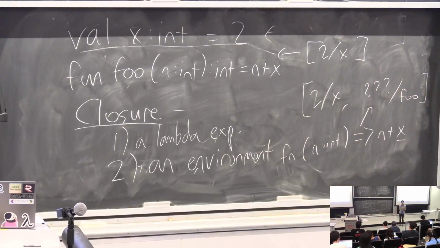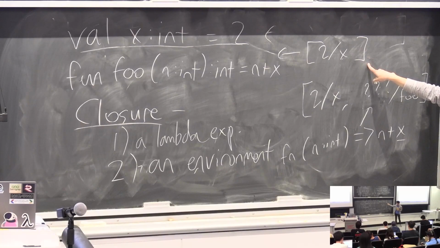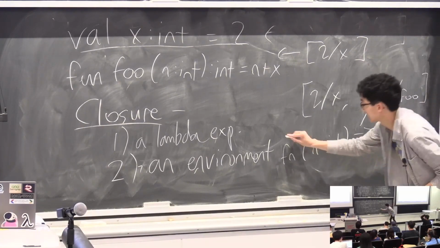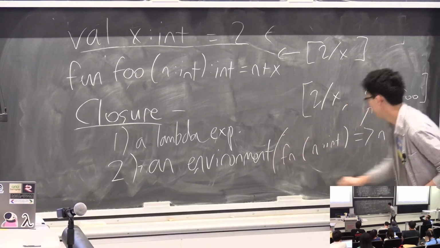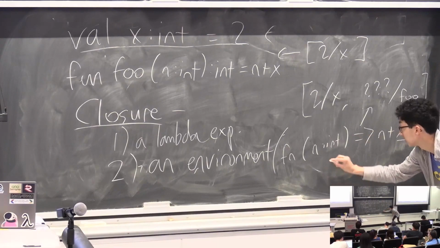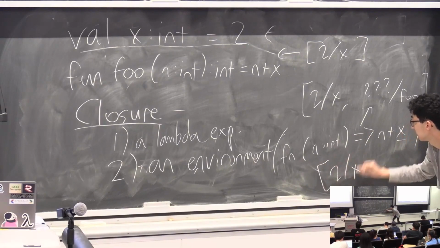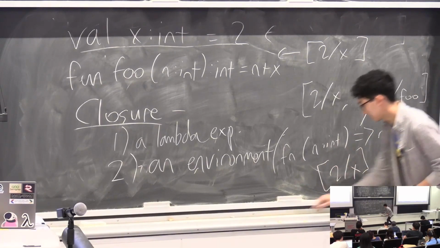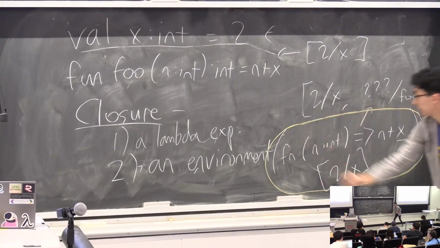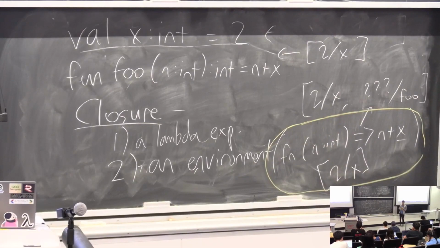When I bind a function, I remember the environment at the time that I bound it, and I store it inside of foo. So when I bind this thing, it's not just this. Let's put it in parentheses. It's one thing this, and then two thing, it's 2/x. All of this is my closure bound to foo. I'm including the environment. It's not just the value.